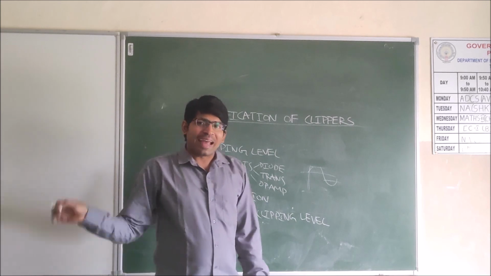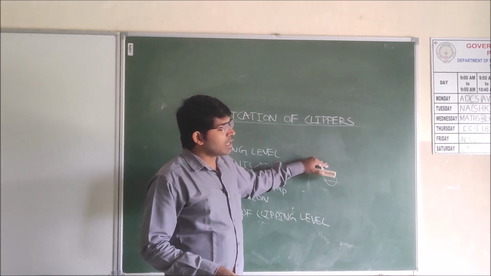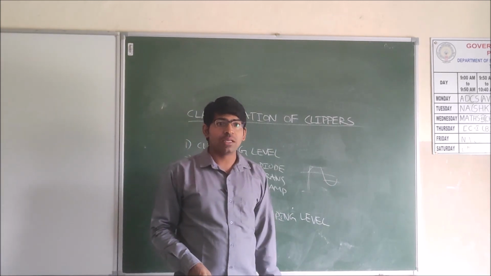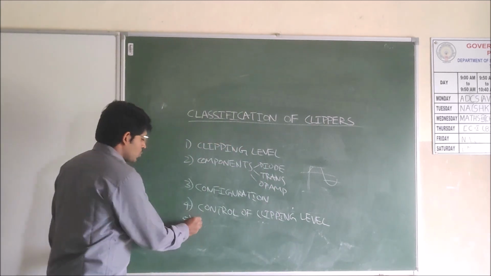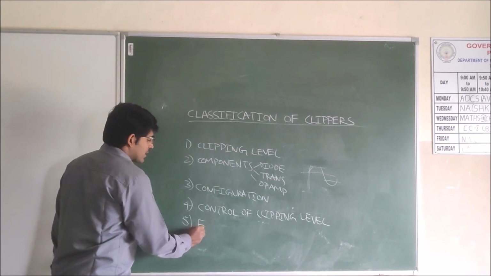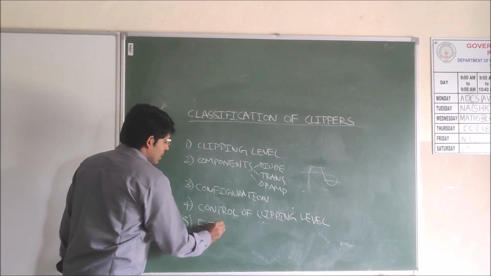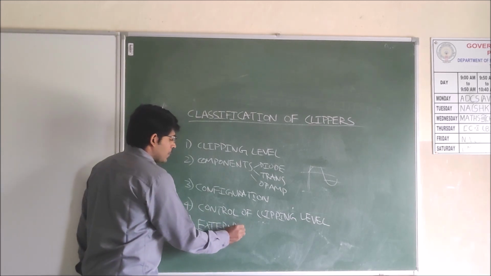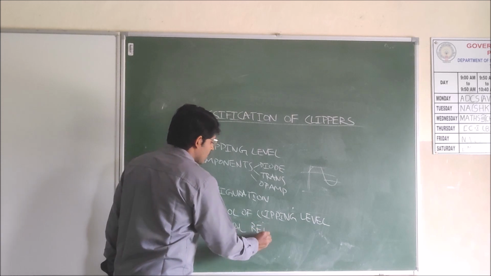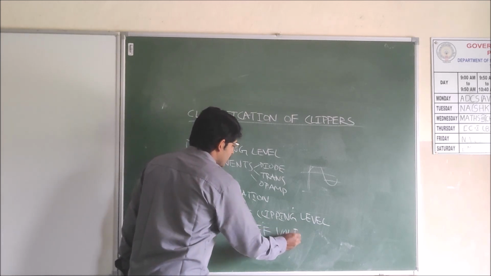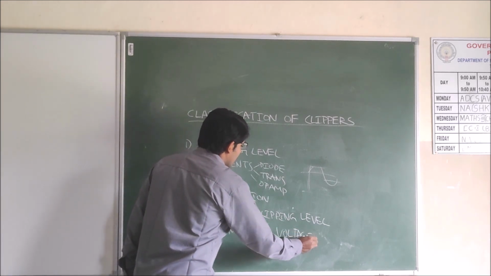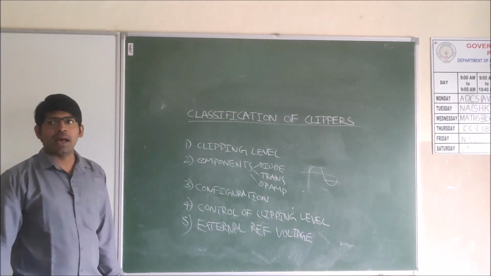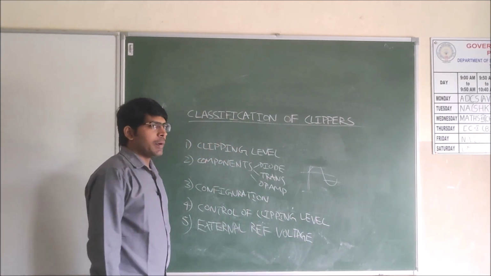If we are using an external supply to decide the clipping level, then that is called a biased clipper. So based on the external reference voltage, the clippers are divided into two types, biased and unbiased clippers.